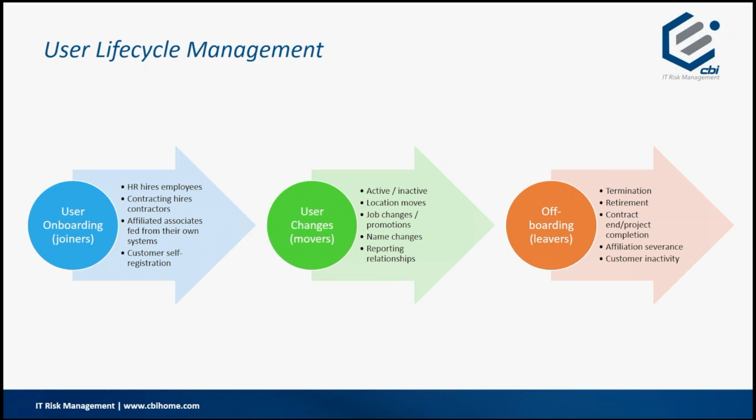There's also affiliation severance, such as an insurance agency no longer being affiliated with an insurance company, so they want to segregate or offboard all of the people associated with that agency. This is really common across manufacturing and insurance, even healthcare with affiliated health organizations, because they establish and terminate affiliations fairly frequently.